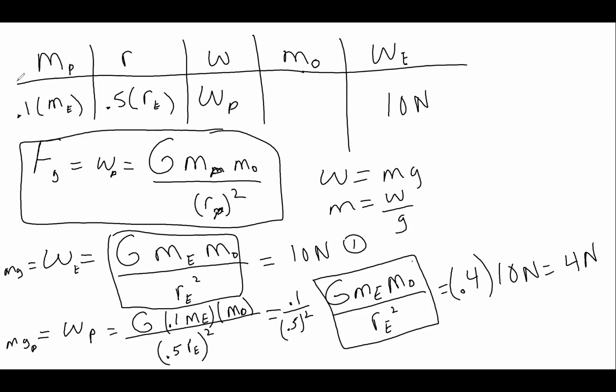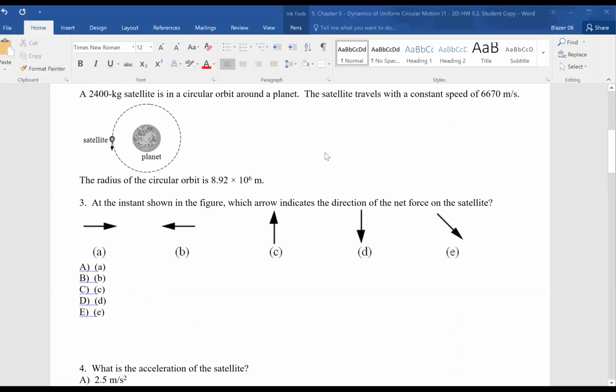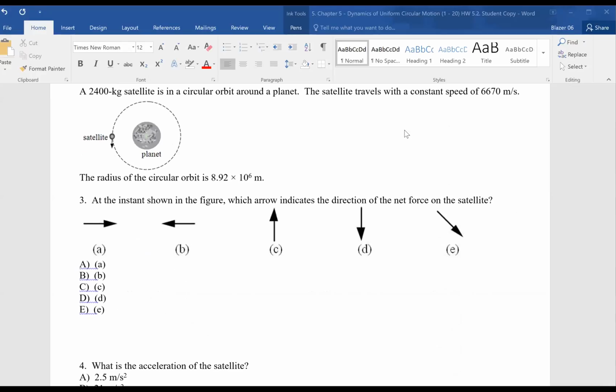Okay. Let's go to this problem. This problem says a 2,400 kilogram satellite is in a circular orbit around a planet.